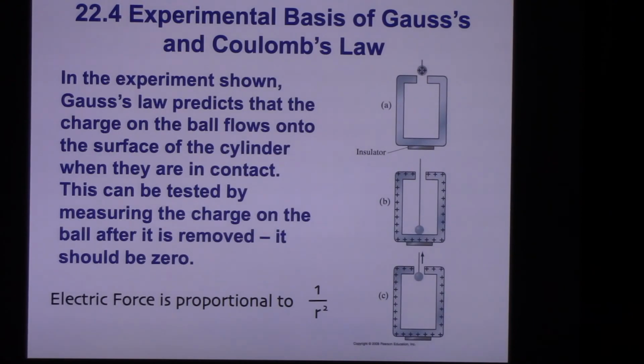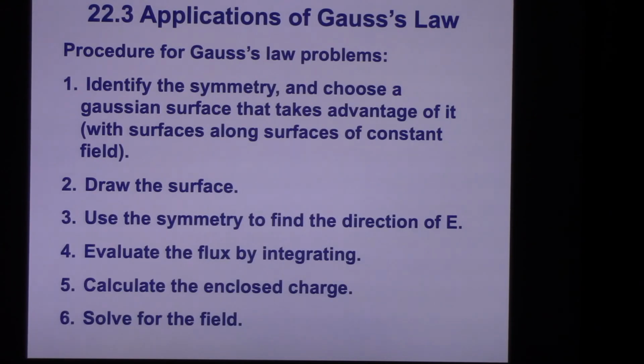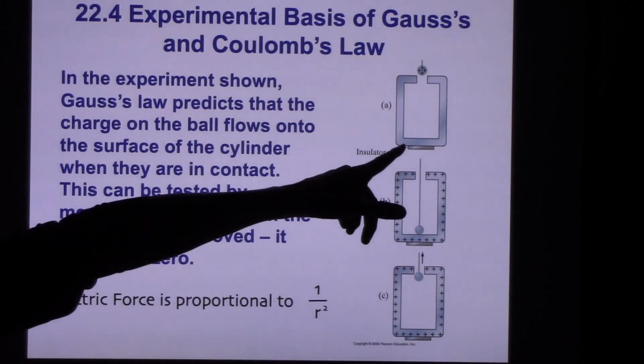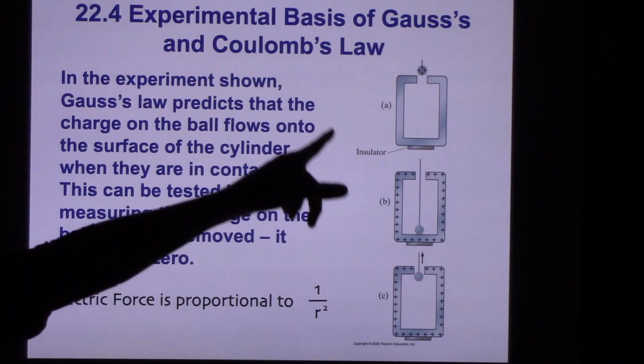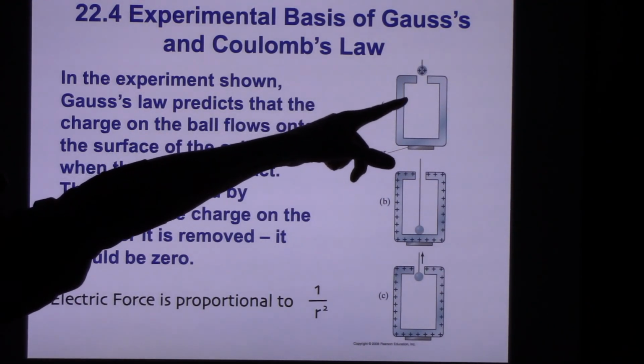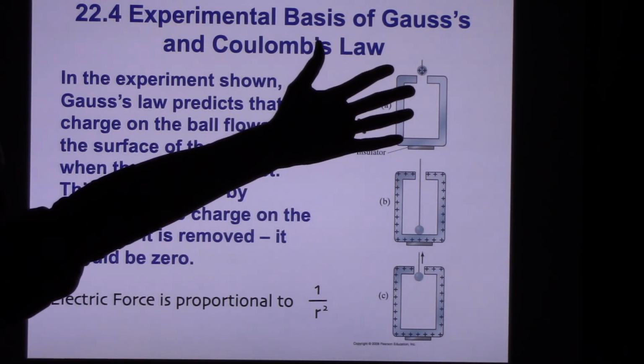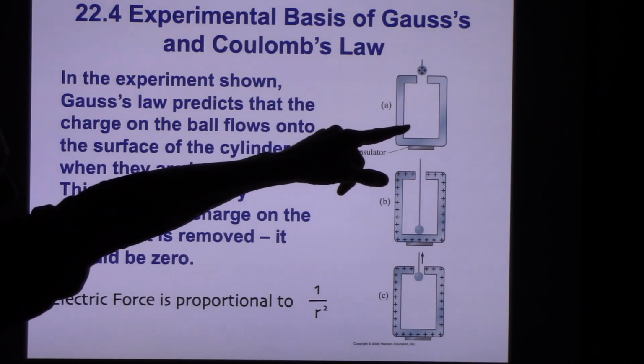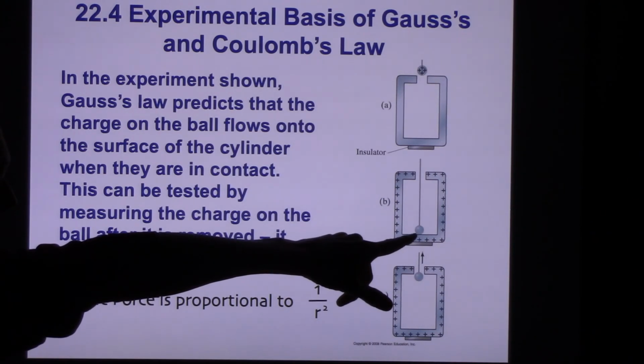Here's a couple of rules for working with Gauss's law, pretty much a list of the things that we've talked about. Here's an experiment where we've got a conducting material. We lower a charged object, a charged conductor, into this volume and make contact.